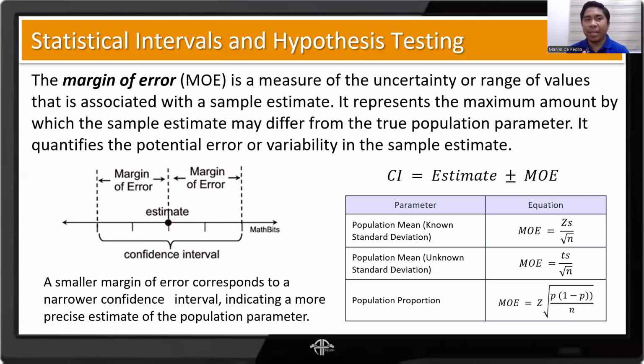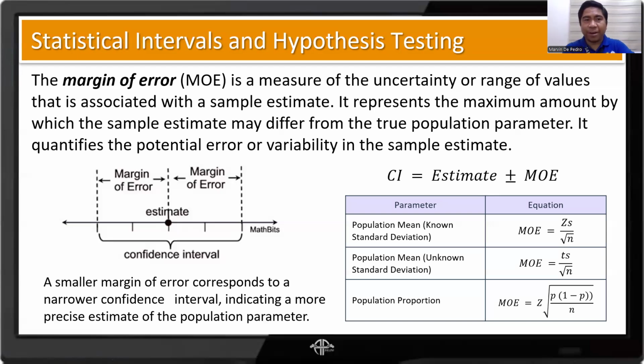Mathematically, it is something that we add or subtract from the estimate. We have the lower limit and the upper limit, and the distance in between them is our confidence interval.